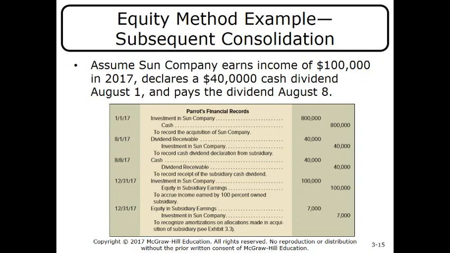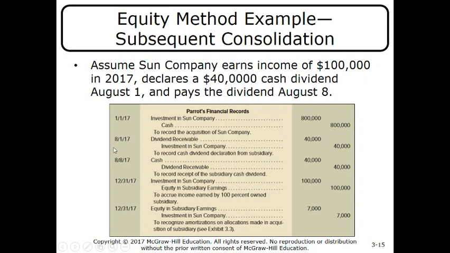This is Parrot's financial records, not Sun's. But just for the record, there would not be any on Sun's because they didn't get anything. It all went to the shareholders. So the initial entry for Parrot would be this entry at January 1. Investment in Sun Company is your debit, and cash, of course, would be your credit.